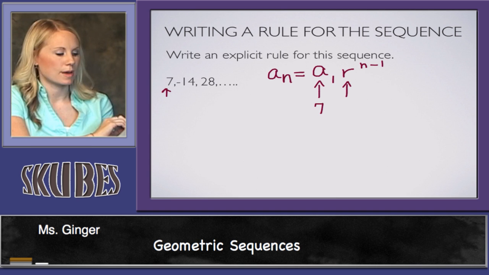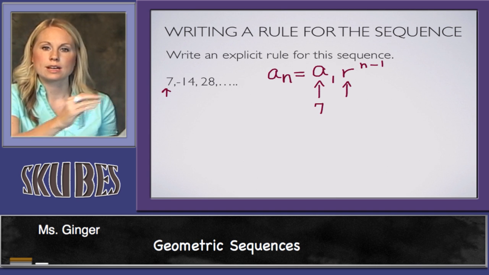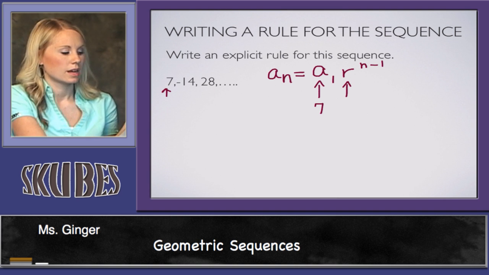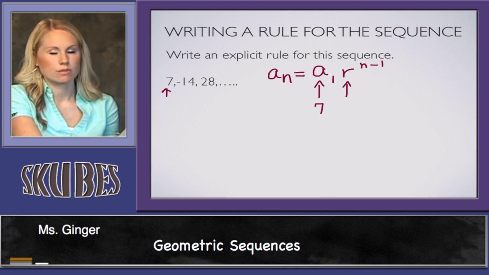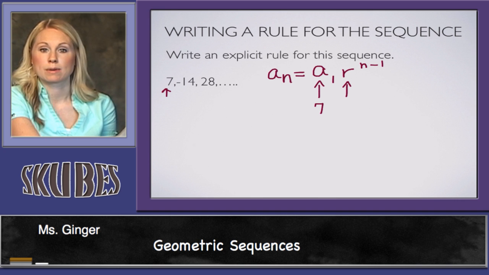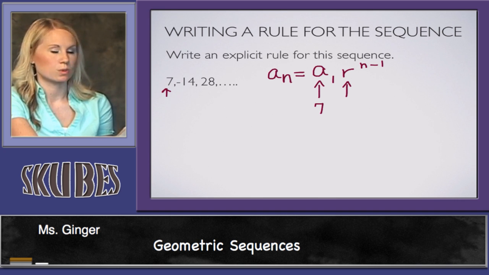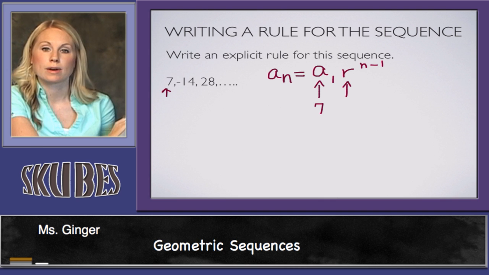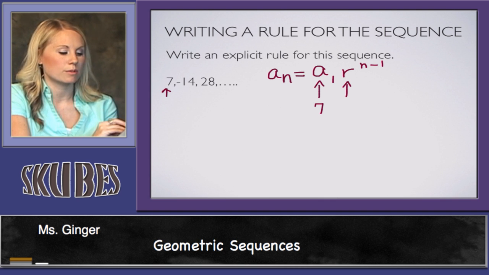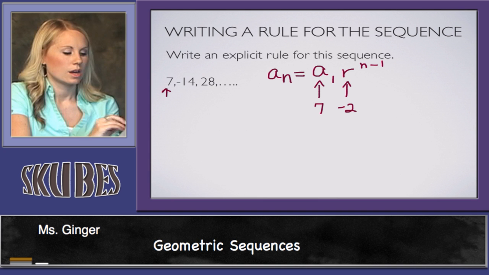We have that right off the bat. And then common ratio, we just need to identify the amount that is being multiplied to get from one term to the next. So 7 to negative 14, that requires me multiplying by negative 2. Let's see if it's the same from negative 14 to 28. Yes, I would have to multiply by another negative 2. So it looks like our common ratio is negative 2.